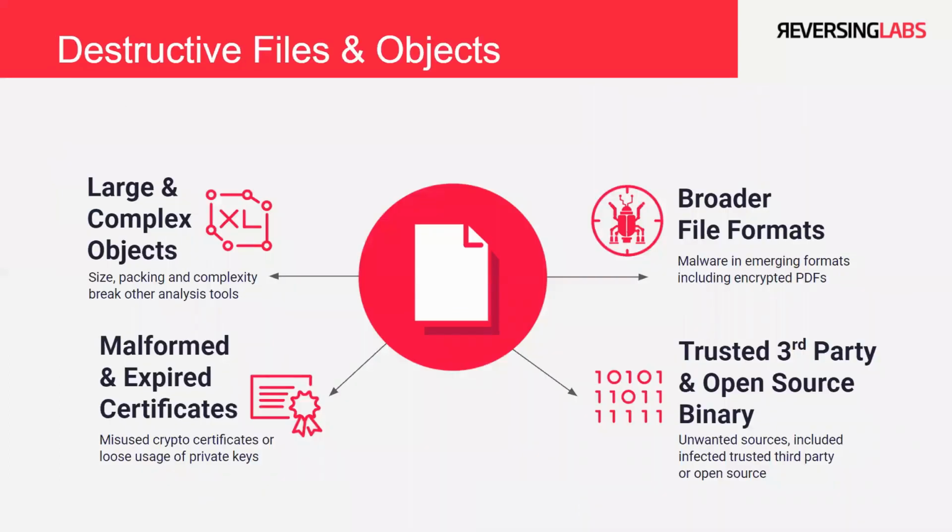And so, from a ReversingLabs perspective, we're not just seeing the spectrum of files, but even within the realm of the broader corpus, some of the challenges at a very, very general level are continuing to expand. It used to be very discrete files, and I think of media files as a classic example, right?